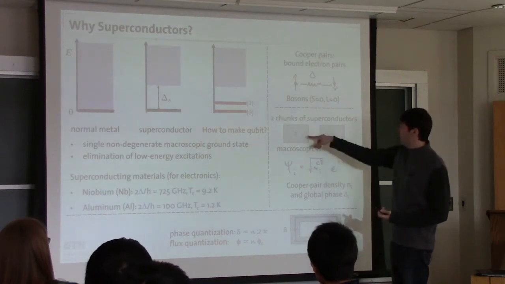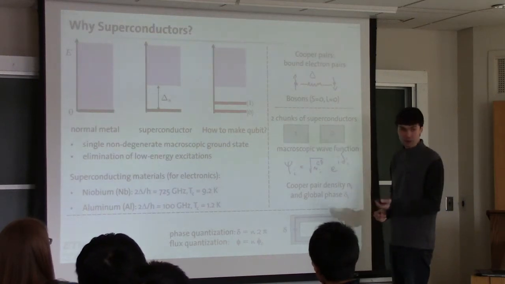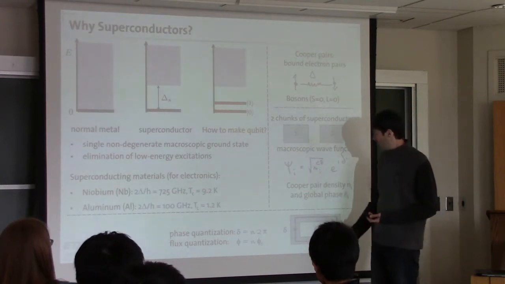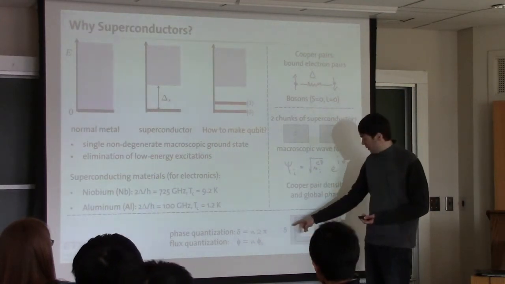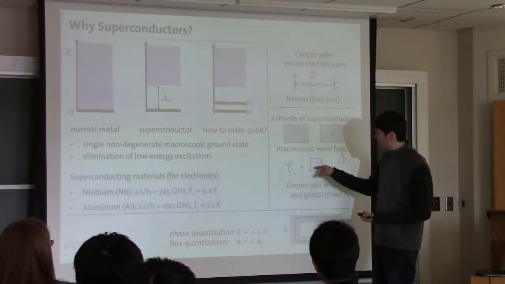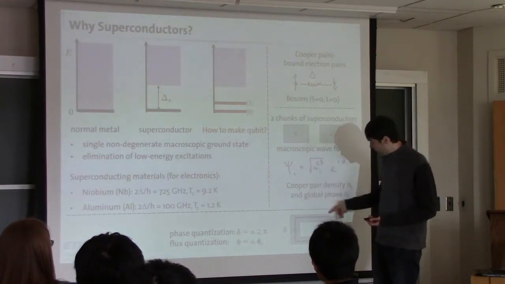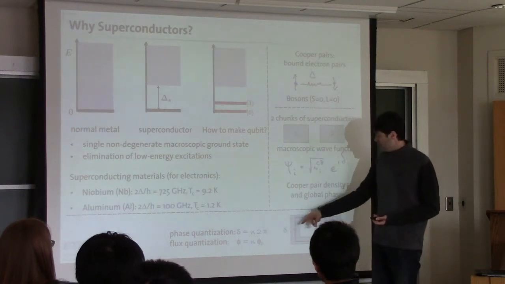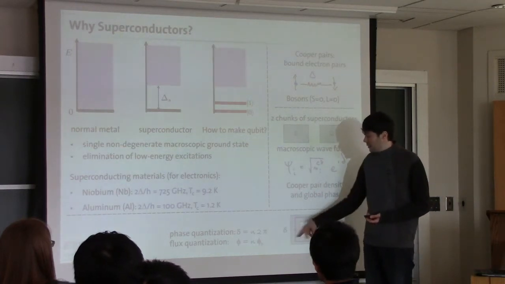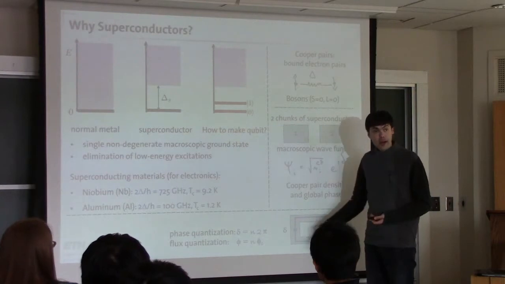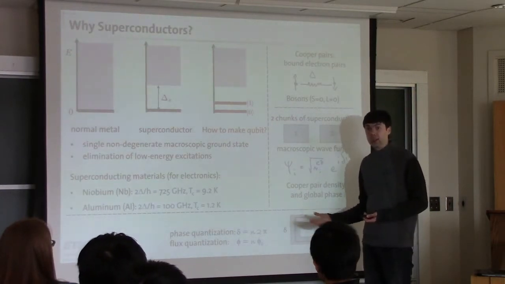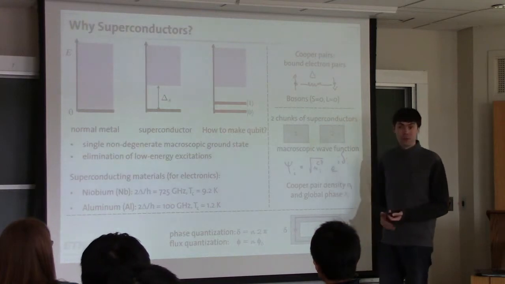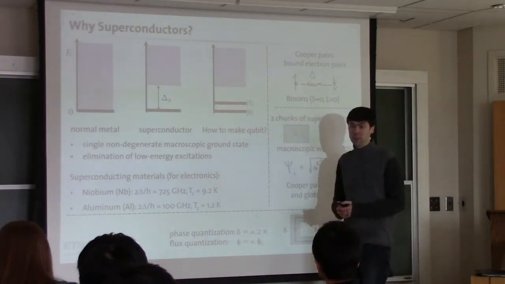And if you have two pieces of superconductor, you can have the Josephson effect, supercurrent flowing in between. And if you have a superconducting loop, the wave function of a superconductor, this macroscopic order parameter, will be quantized around the loop. And that means that there will be a phase condition. Phase has to always amount to 2 pi. Or because phase is very closely related to flux, there will also be flux quantization in such loops. So this is just to refresh what we already studied.